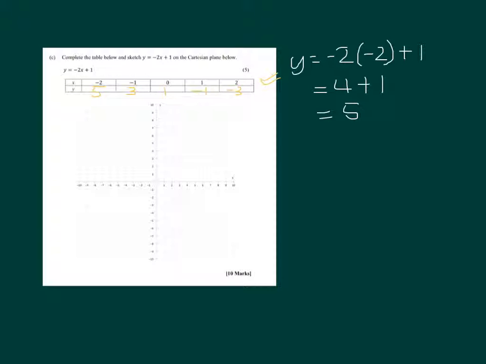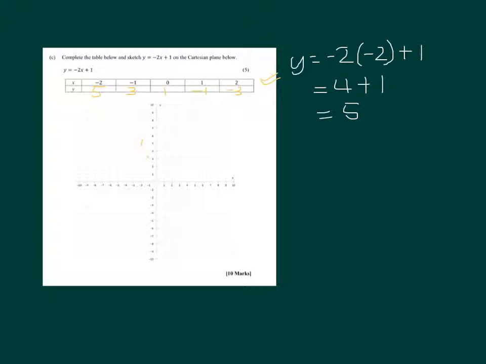So if we go onto our Cartesian plane, when x is negative 2, y is equal to 5. That's this point over here, which is not very neat. Then when x is negative 1, y is equal to 3. And that's got to be this point, the point of intersection between x is equal to negative 1 and y is equal to 3.